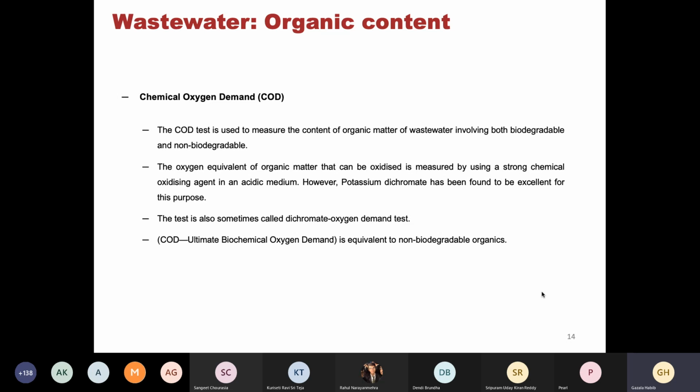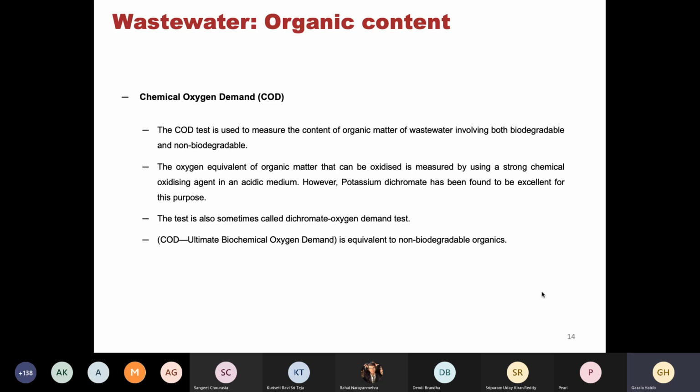Now, chemical oxygen demand. What we have learned as BOD is the oxygen demand of biodegradable organic matter, which can be easily biodegraded by bacteria. However, there is organic matter which cannot be biodegraded by bacteria, so it remains in the wastewater and will consume oxygen.